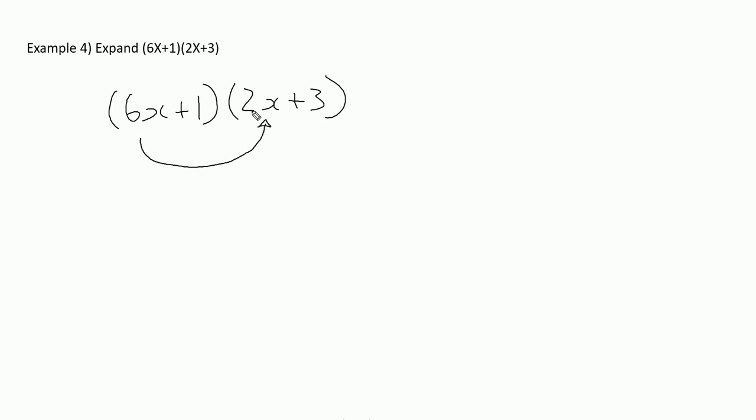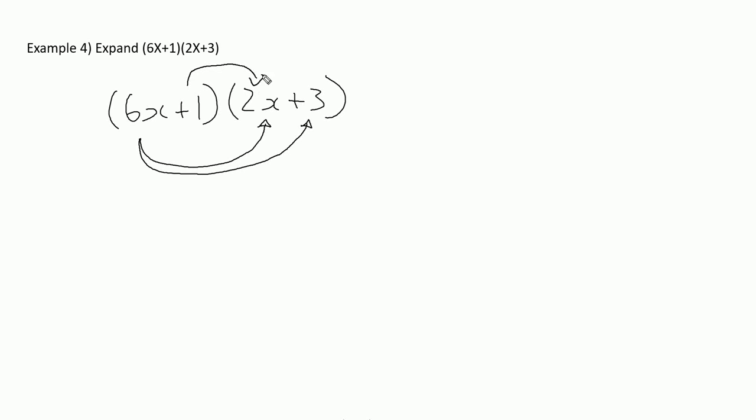The next example now, another double bracket scenario. So now again you adopt the claw method. So you start with the first term and you draw an arrow to the first term here, then you draw an arrow to the second term here, and then you move on to the second term in here.